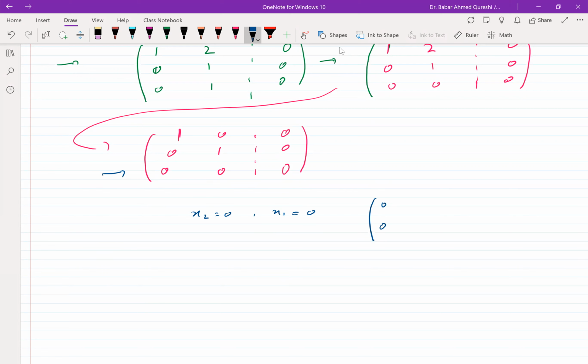So they live in R3. When they span a subspace, it would be a subspace of R3, and we want to know what subspace it would be.